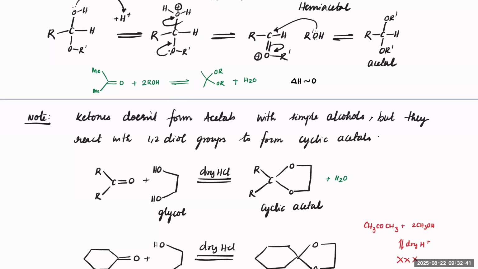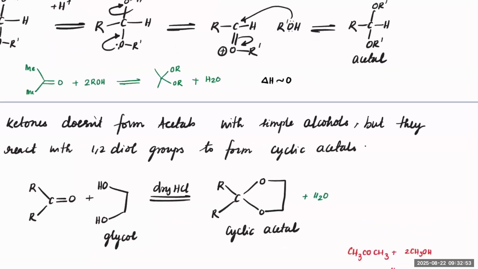There is not a very big energy difference. It's not like you are making a very strong bond or a very weak bond. So it is neither completely exothermic nor endothermic, which means this reaction is highly entropy driven. And you know that delta G is equal to delta H minus T delta S. So if delta H is not contributing much, the reaction is highly entropy driven.